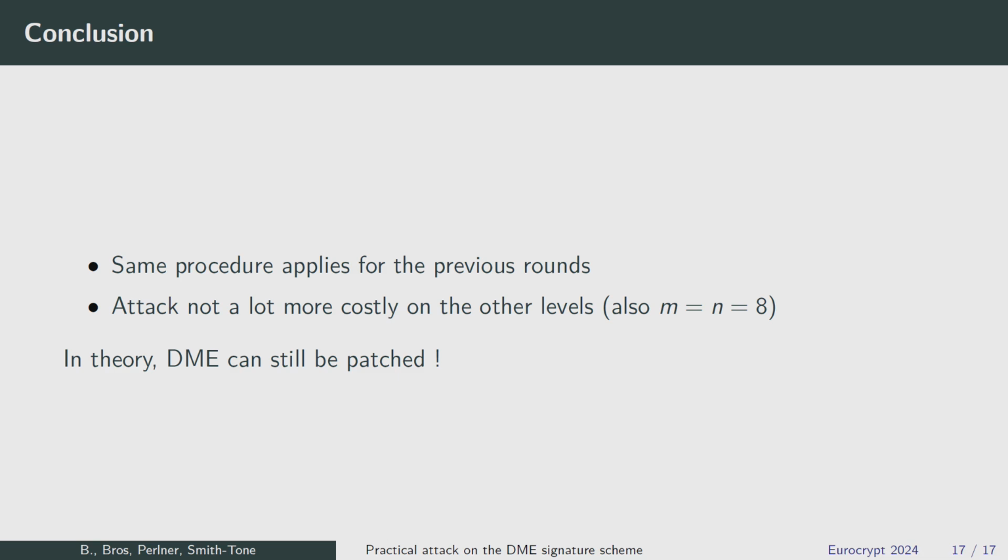Yes. In fact, I don't know if the author of the scheme has already communicated about this publicly, but he communicated at least to us how the scheme could be patched. We see that these two polynomials over the small field map to somehow one polynomial of the big field.